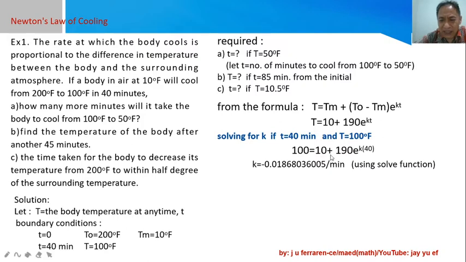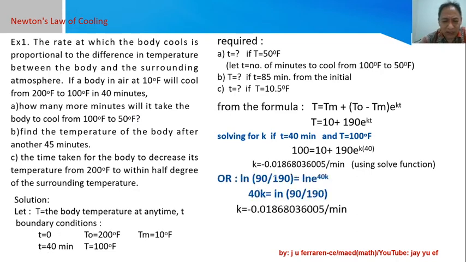Now we have an unknown that is left, which is K. Your calculator can solve for the value of K using the solve function. From your calculator, you may be given a value like this. If your calculator fails to evaluate the value of K, you can also do the simplification before you go with the value of K.